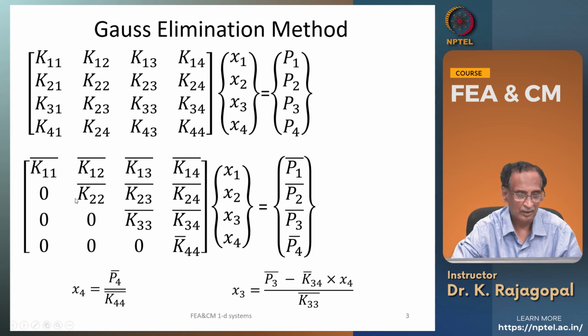So, we first convert our system of equations into an upper diagonal matrix like this, so that in the last equation we have only one coefficient, and then we can get the last variable x4 as p4 bar by k44 bar.